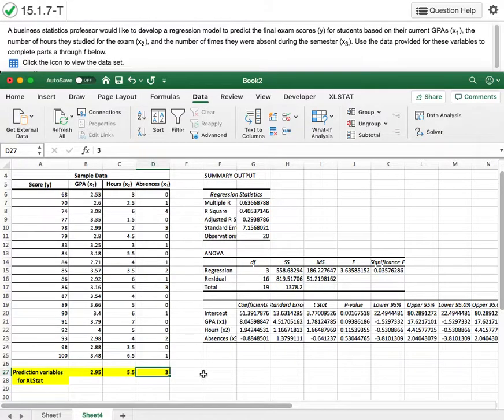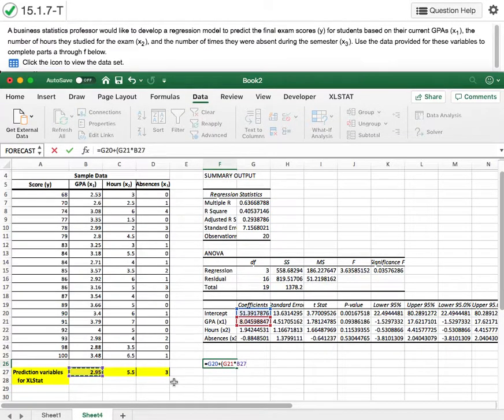So we could make a prediction of an exam score based off of this scenario just by utilizing the regression equation. And we would solve that by taking the intercept coefficient and adding our independent variable coefficients times their respective variables here in the scenario.